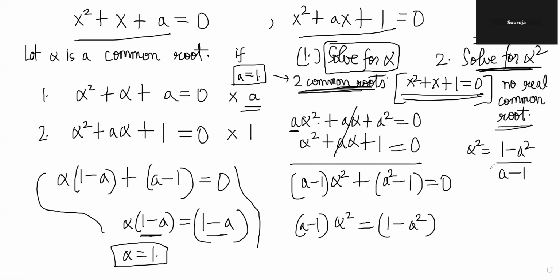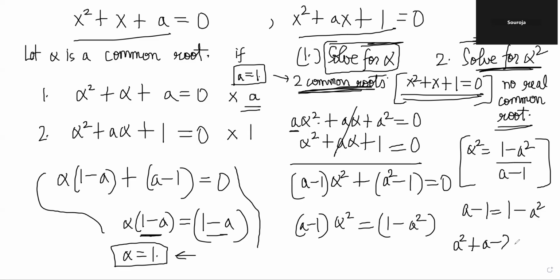But from the previous case, we have already got alpha is 1, so we can put that in this. At the end, remember, we have to combine both the conditions. So we are combining it by putting alpha is 1. Then the equation becomes a minus 1 is 1 minus a square, right? So it is becoming a square plus a minus 2 is 0.